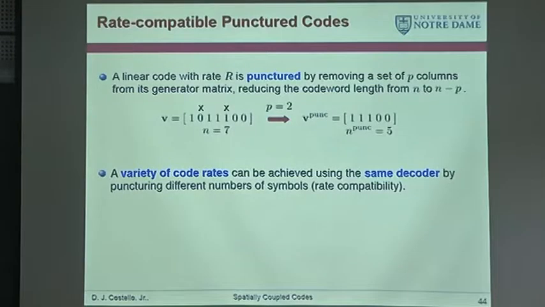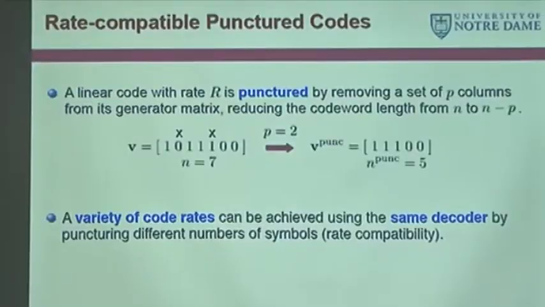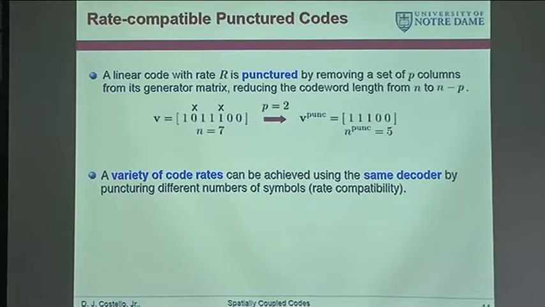Another thing you can do to get rate compatible codes is puncturing. This is often something you want to try to do in standards. In standards, you oftentimes want to be able to operate at different rates depending on the channel conditions. So puncturing is one way you can do that.